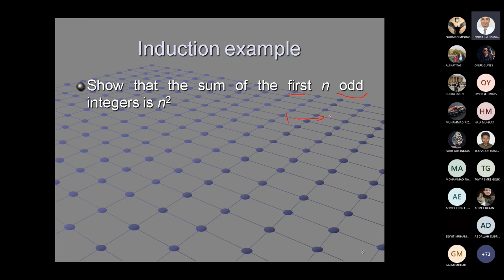This means starting from 1 to n. In this case, we take the term as 2k, or i in our example, minus 1, because we start from 1. When i equals 1, 2 multiplied by 1 is 2, minus 1 equals 1. So you get the first odd number.